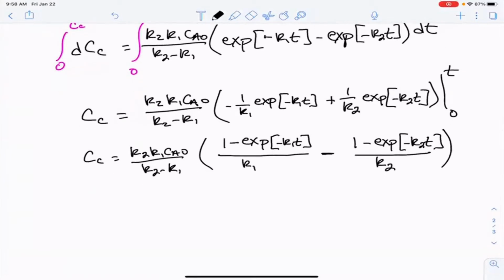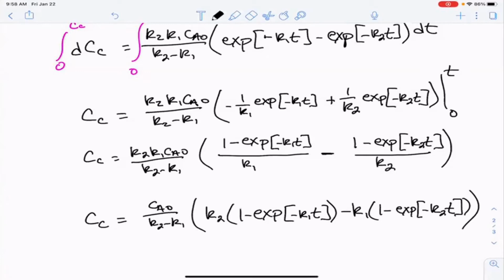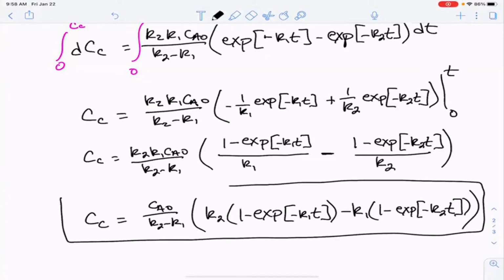And I'm just going to do that because then it gets rid of these two values in the denominator. And if I do that, CC just becomes equal to CA0 over K2 minus K1 times K2 times 1 minus the exponent of minus K1 times time minus K1 times 1 minus the exponent of minus K2 times time. And close that parentheses and close that parentheses. So there we have our expression for the concentration of C.